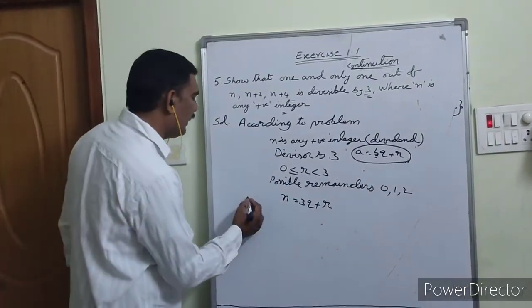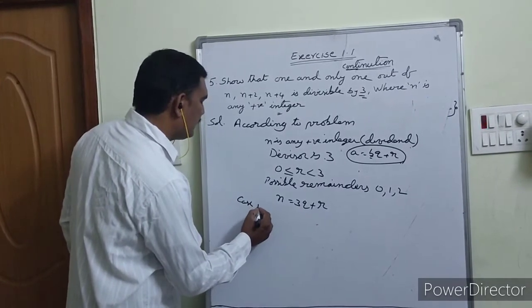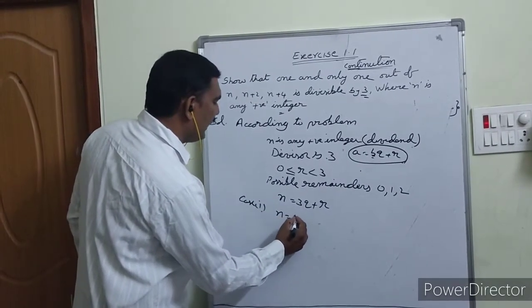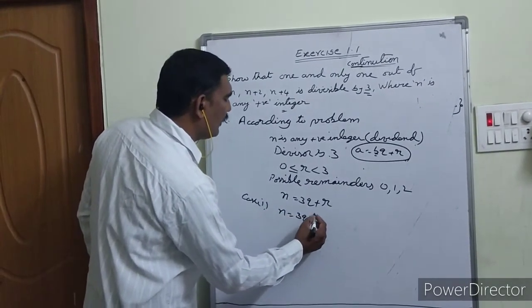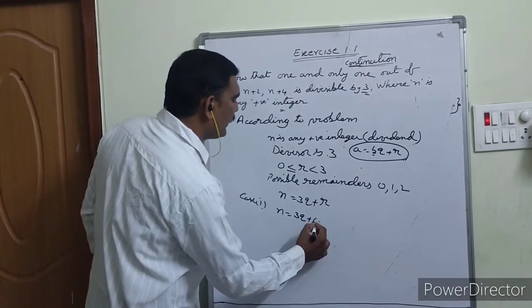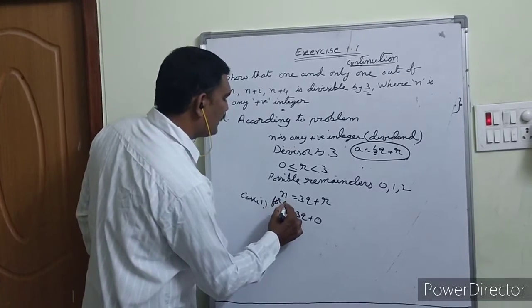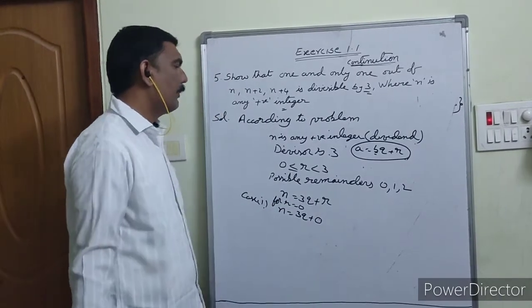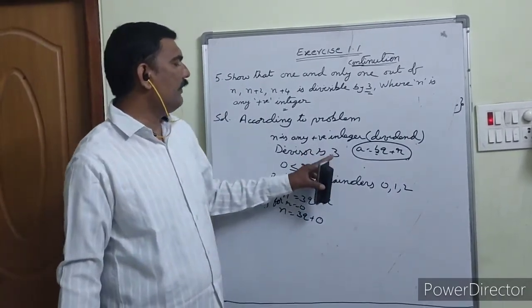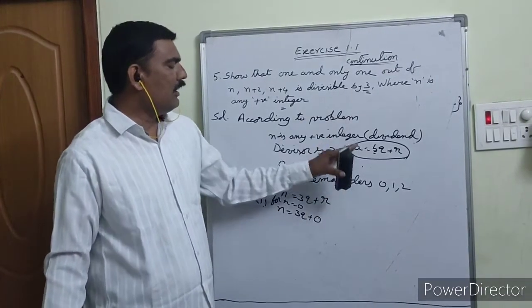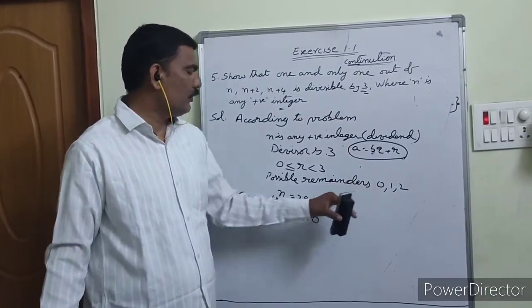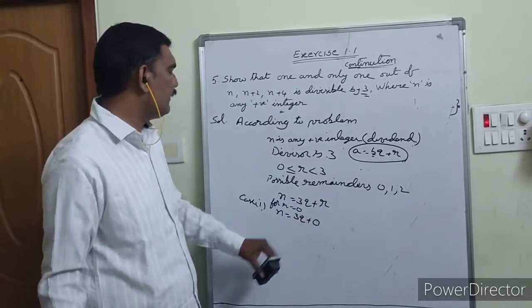Now case 1. In case 1, n is equal to 3q, substituting 0 for r. Any number which you divide by 3 and get remainder 0, all those numbers we write in this form.